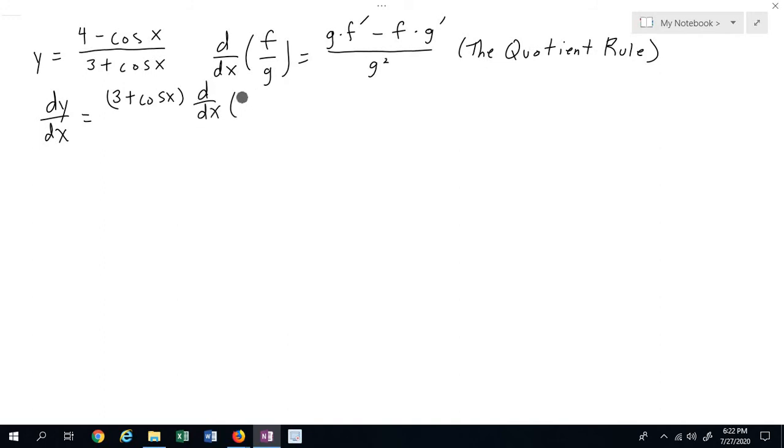The high function is 4 minus cosine x. So that's the low times the derivative of the high, minus the high, which is 4 minus cosine x, times the derivative of the low, the derivative of 3 plus cosine x.